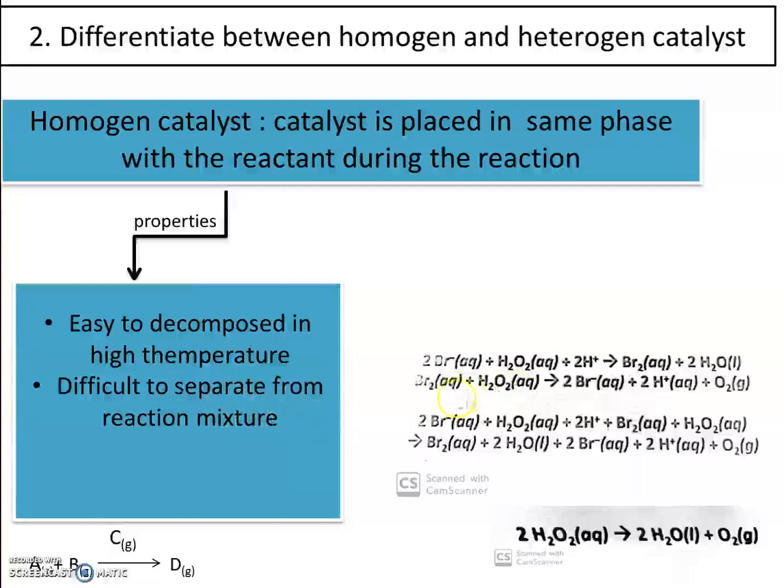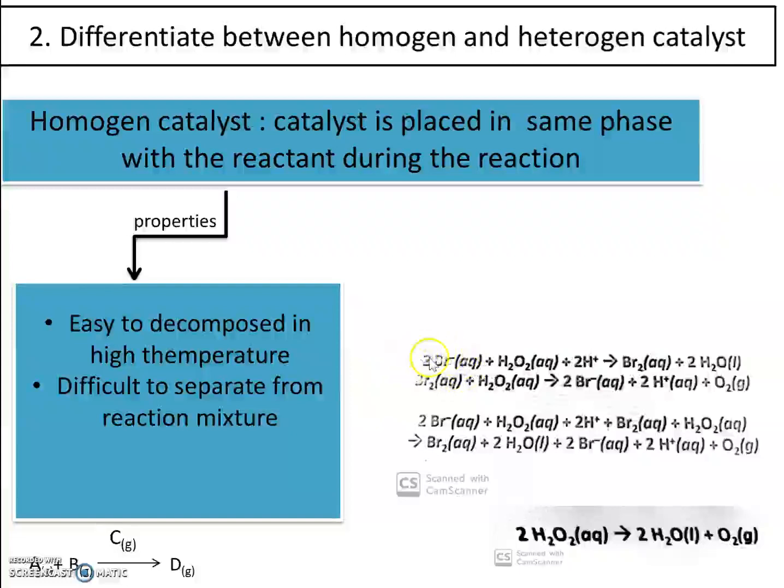For example, to produce water and oxygen gas, we need hydrogen peroxide as the reactant. As a catalyst, we use bromine, and the reaction with the catalyst occurs in two steps.